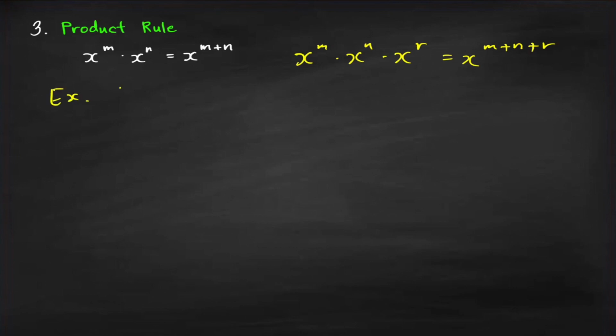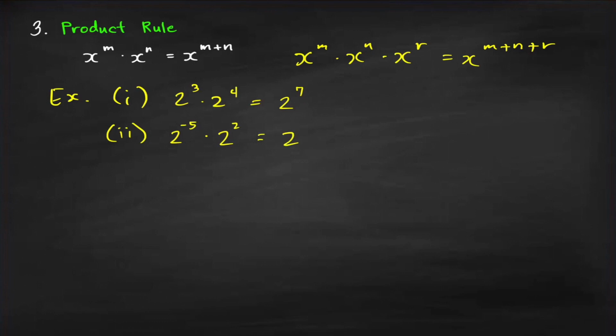Let's say if you have 2 raised to 3 and then times 2 raised to 4, so this is just equal to 2 raised to the sum of the powers, so 3 plus 4, so that is equal to 7. And since m and n can be any integers, we can have a negative power, let's say negative 5 multiplied by, let's say, 2 raised to 2.